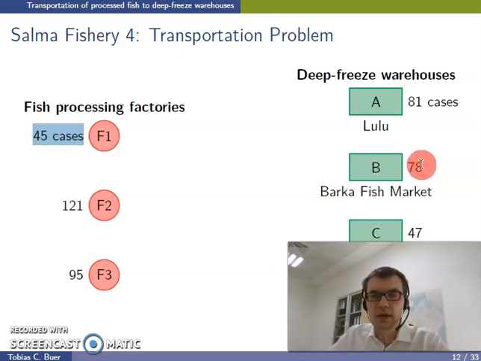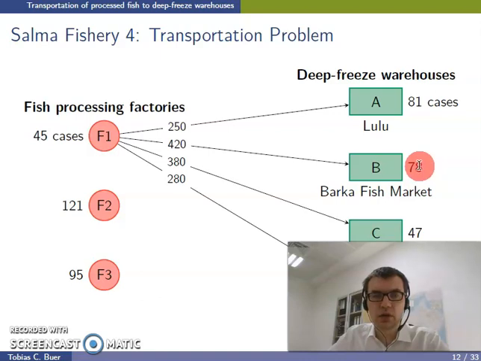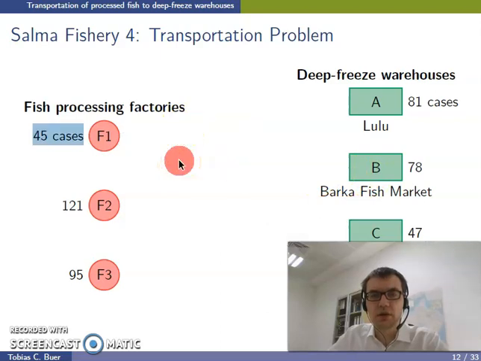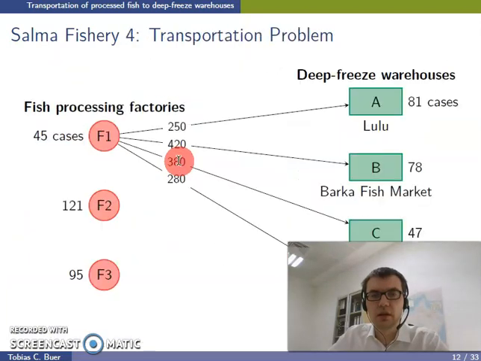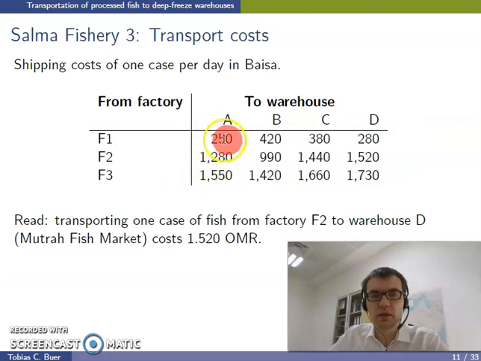Now we need to add the cost to this drawing. Transporting from factory 1 to Lulu costs us 250 besa. From F1 to Barker fish market is 420 besa. These are the cost numbers given in the previous table.